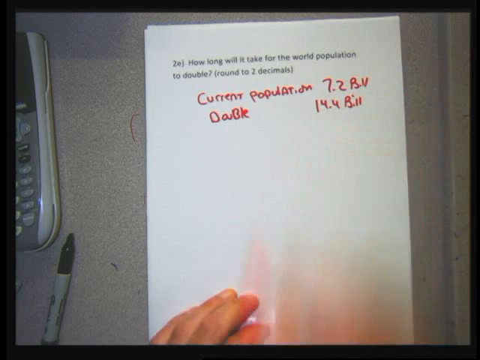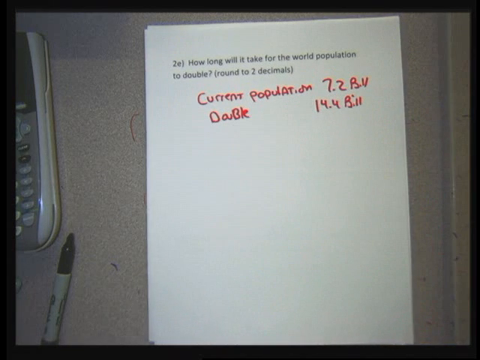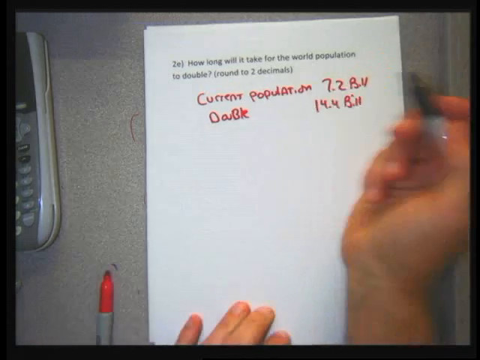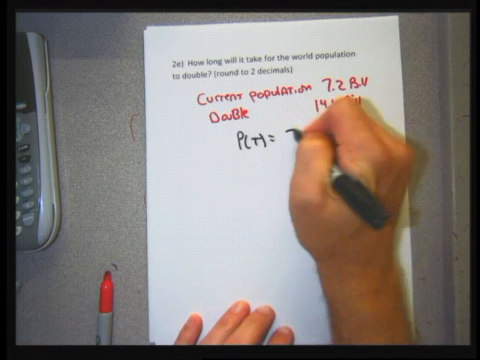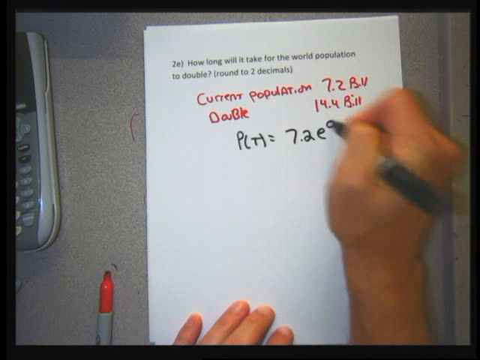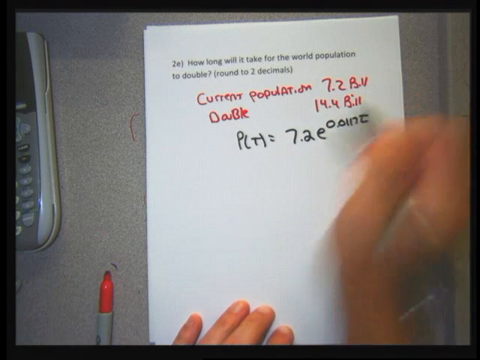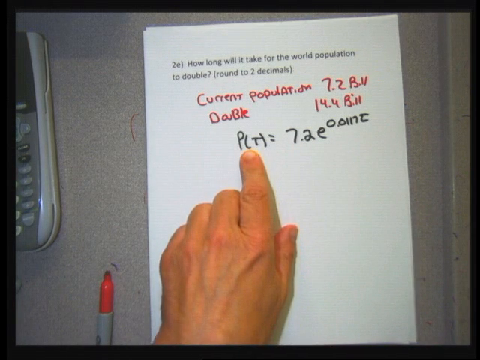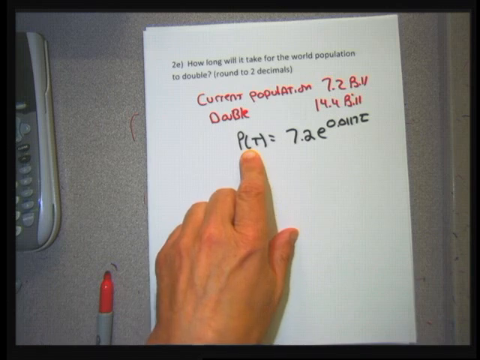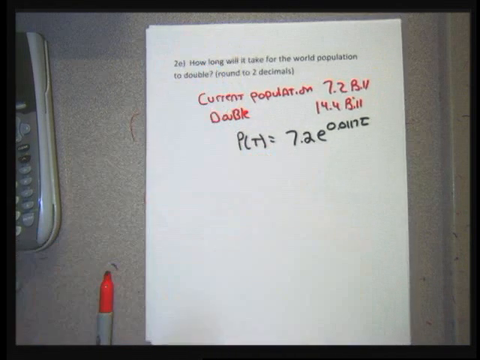So this is asking me when the world population will be 14.4 billion. I have to have that formula handy, that formula that said P of t equals 7.2 times e to the 0.0117t. And what this wants me to do is plug in 14.4 billion for the world population and solve for t, for how long.